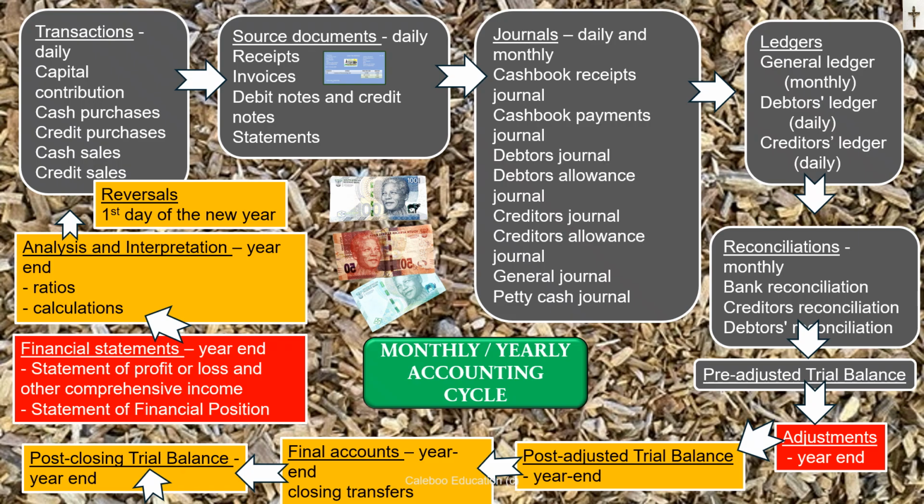So at the end of RFC 1011, we would have done transactions, the accounting equations, source documents, journals, some ledgers, a bank reconciliation, a trial balance.